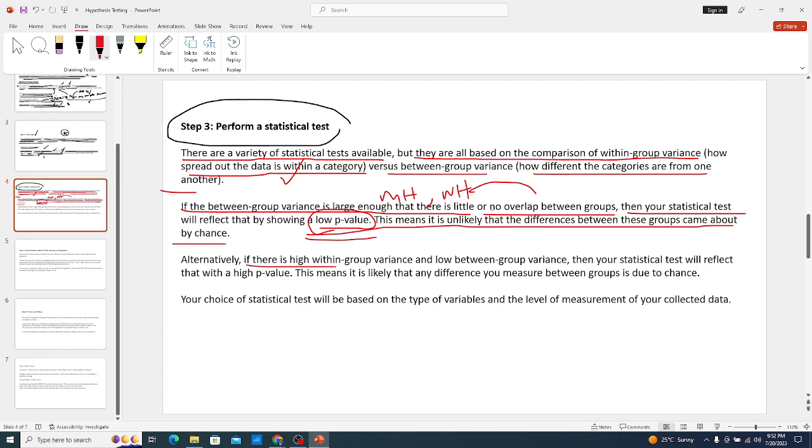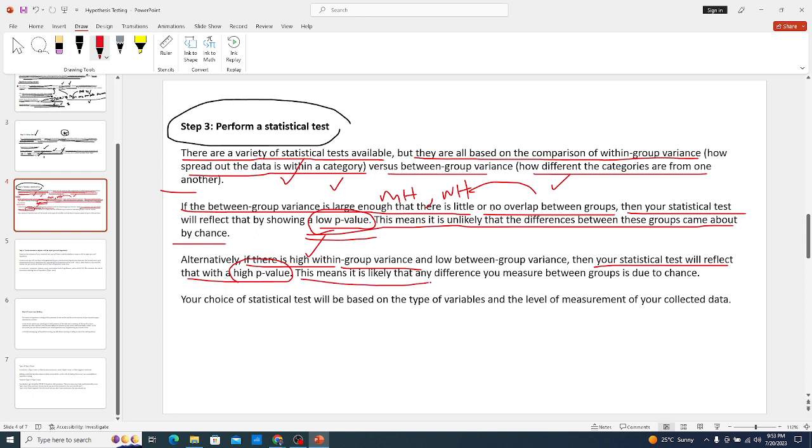Alternatively, if the difference is high, like when we have a large variance between the average height of men and the average height of women, then your statistical test will reflect a high p-value.